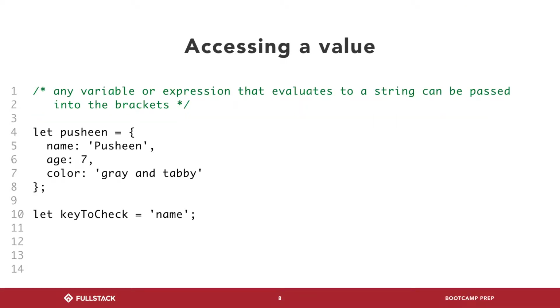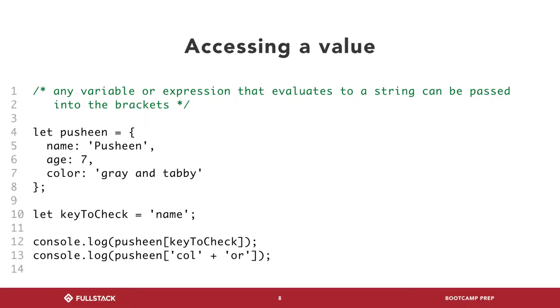Here's where things probably start to get a little bit more confusing, unfortunately. Okay, so earlier I said when we use bracket notation to access a key, we have to put quotes around the key, right? And the reason why is because quotes tell us that it's a string. Because without quotes there, we can also put in a variable. In this case, on line 10, we define this variable called key to check, and we set it equal to a string called name.